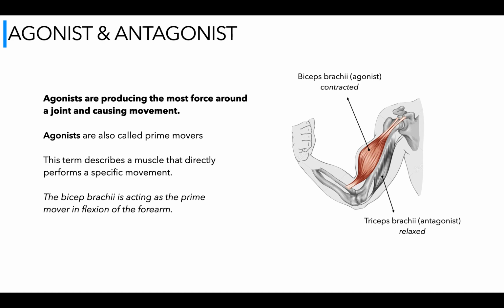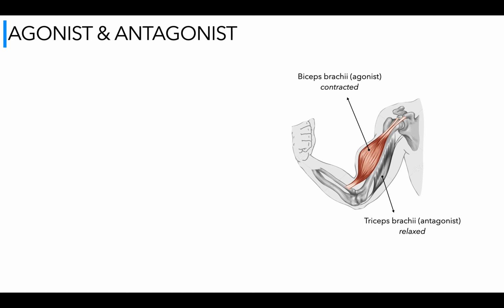But as we recapped on the last slide, it needs to work with an antagonist. The antagonist, which we can already see on the diagram, is going to be the triceps brachii. Antagonists, when contracting, directly oppose the agonist.